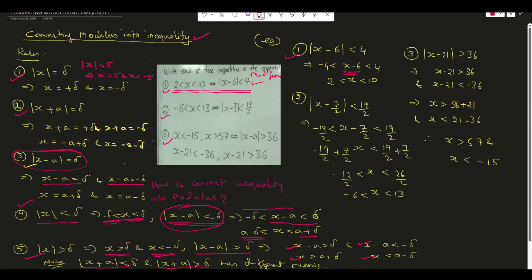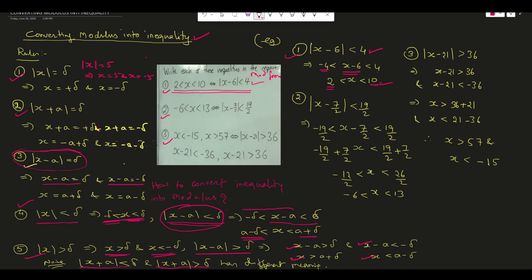See, in the middle you have x minus 6, so if you add 6 over here, it will become x. But then you will have to add 6 over here also, that is, you will have to add 6 to 4 also. So that will make it 10. And you have to add 6 here also, so 6 minus 4 will be 2. So you get x is between 2 and 10. So this and this both are equivalent.